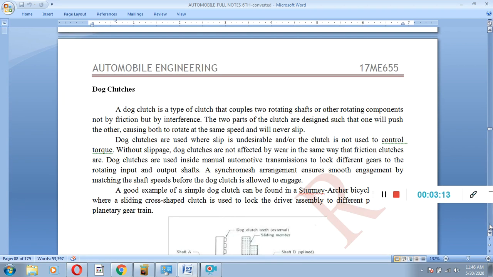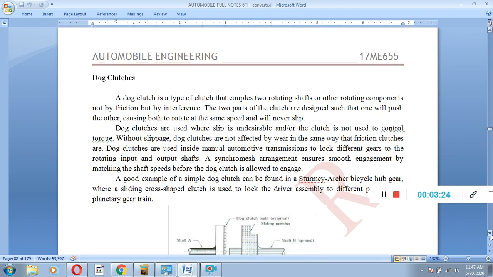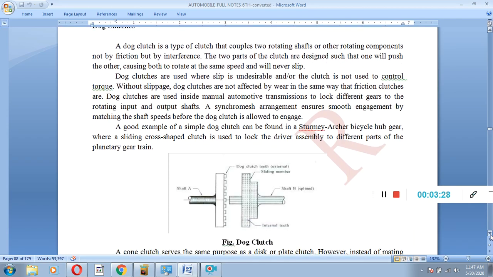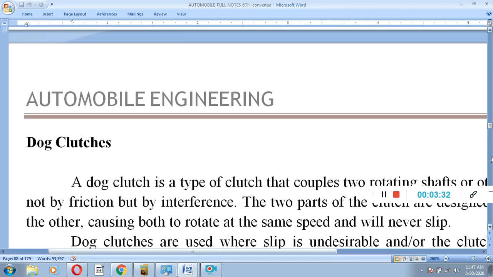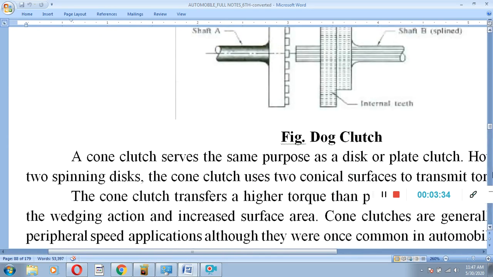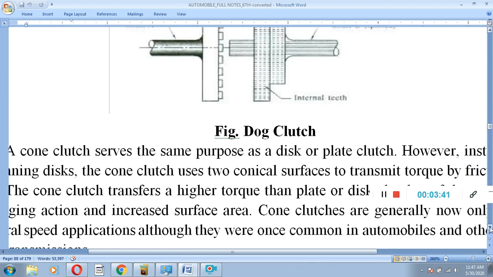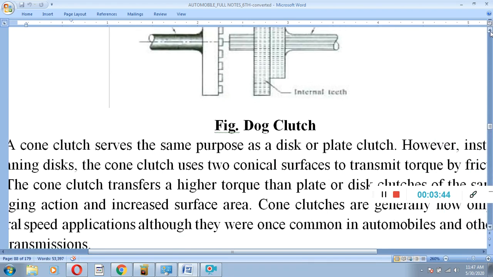Now one more type here is the dog clutch. A dog clutch is a type of clutch that couples two rotating shafts. Here you have the diagram of the dog clutch.